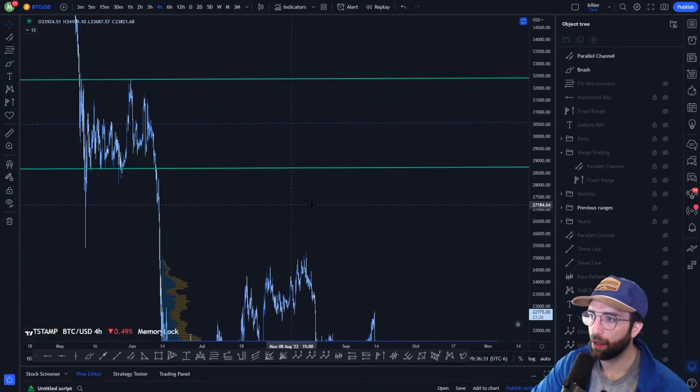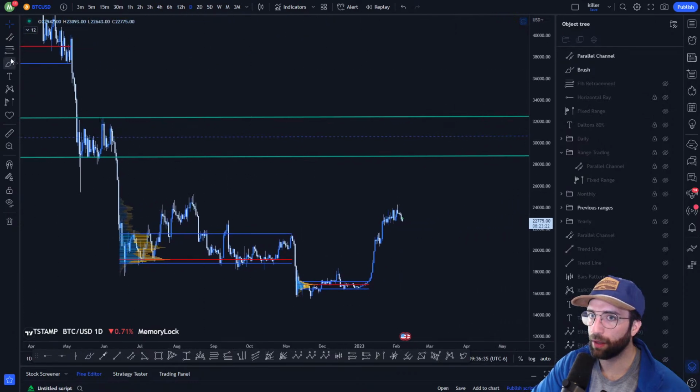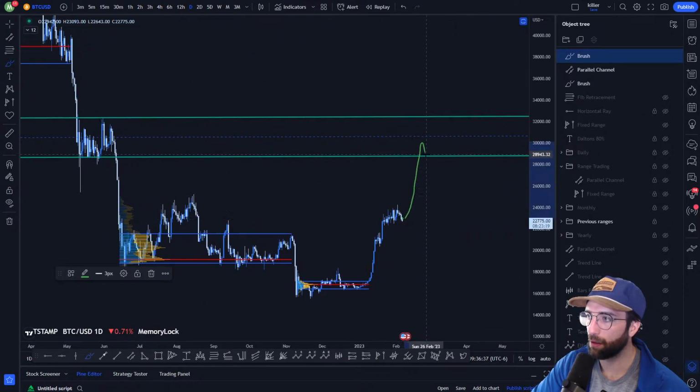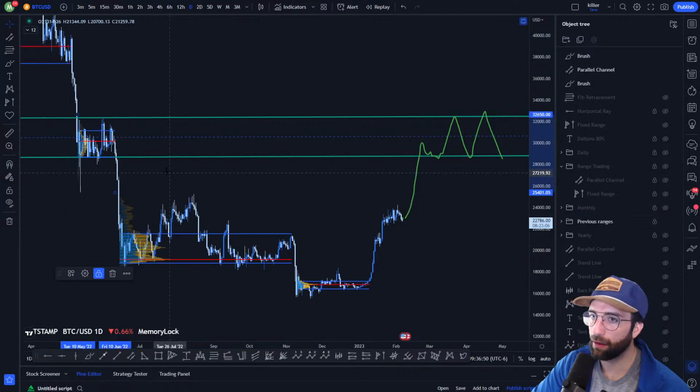Right? So if we were to go over here and price were to get a move up in here, we would just expect, okay, did this hold? All right, cool. Then we'll just trade the range again until it breaks out. Right? And I had this highlighted here. There we go.